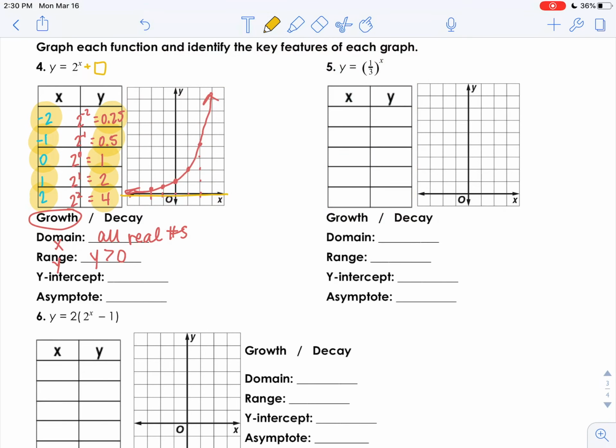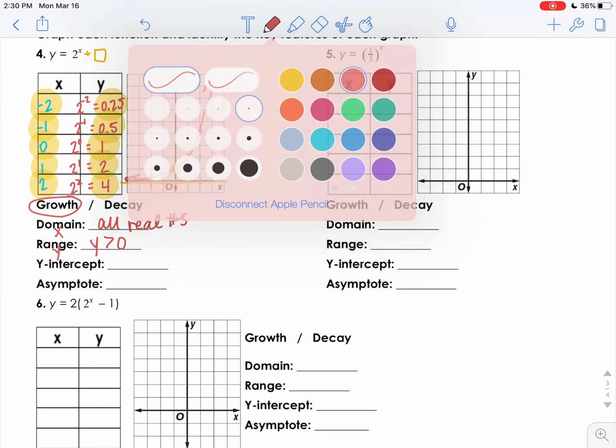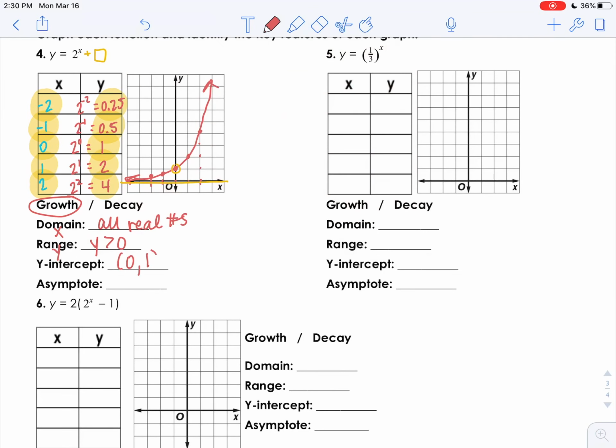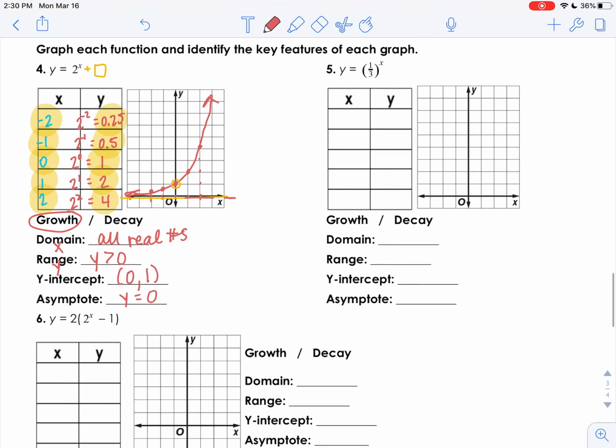And our y-intercept, that's where we cross the y-axis, is right here at the point 0, 1. So that's my y-intercept. And my asymptote is this line right here, which is a horizontal line, y equals 0. So that answers all the questions for number 4.